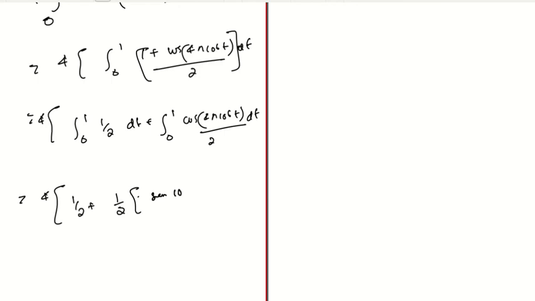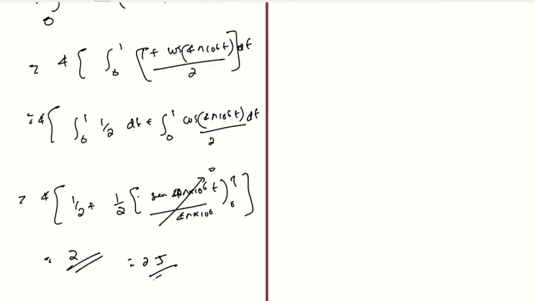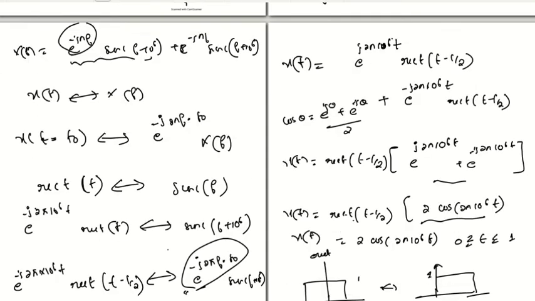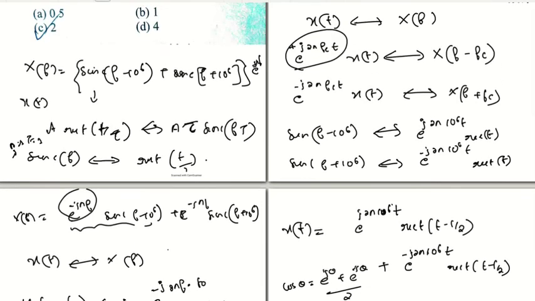Sine of 4 pi into 10 raised to 6 t divided by 4 pi into 10 raised to 6, 0 to 1. This will be equal to 0 and the remaining will be 2. 2 joules is the energy of the signal x of t. Okay, so we got the answer 2 joules.